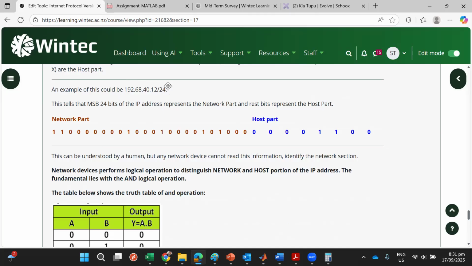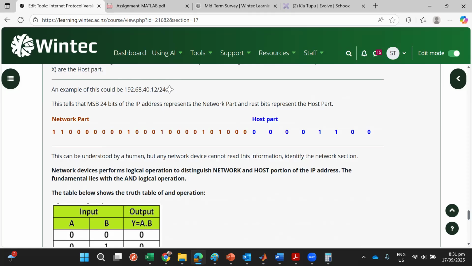by the network device, because the network device has to process sending the message, or the packet has to be sent based on the IP address. So the network has to be able to identify this network address.